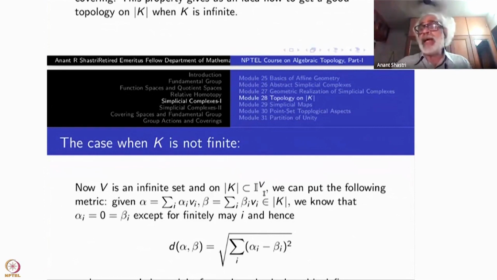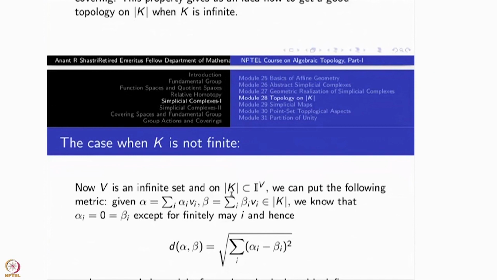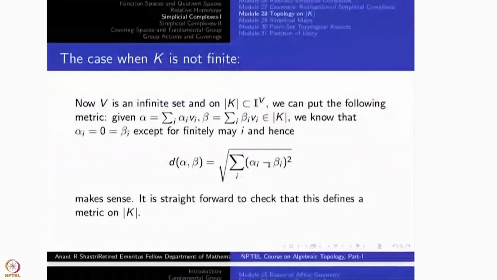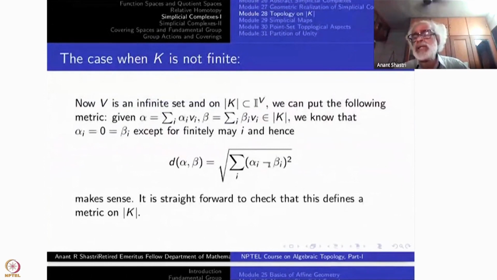In I raised to V, I can't do that because this is too huge; then infinitely many coordinates may be non-zero here. So for mod K, I can do that because mod K is contained inside I raised to V. This makes sense. It's direct verification, just like in a direct sum of vector spaces.